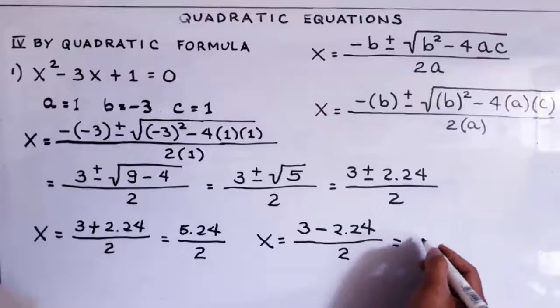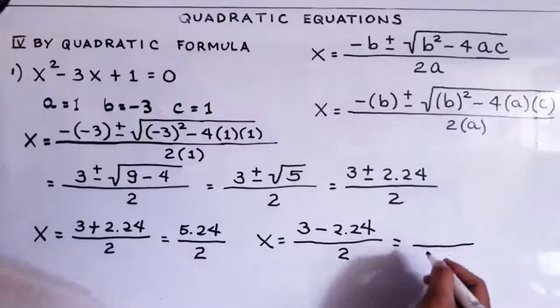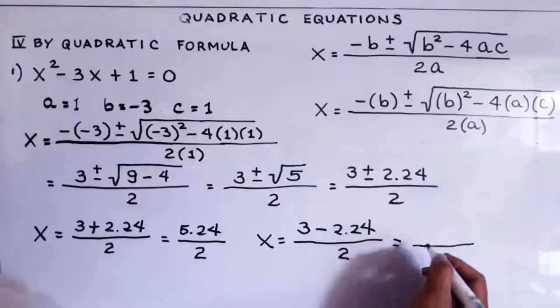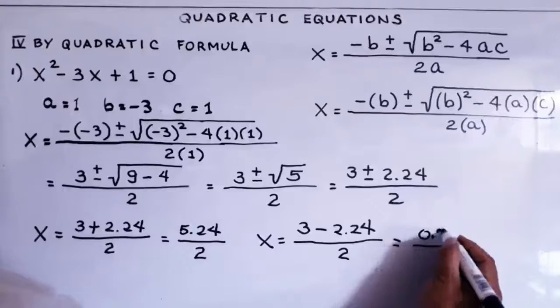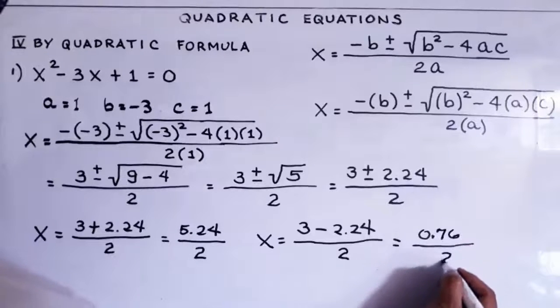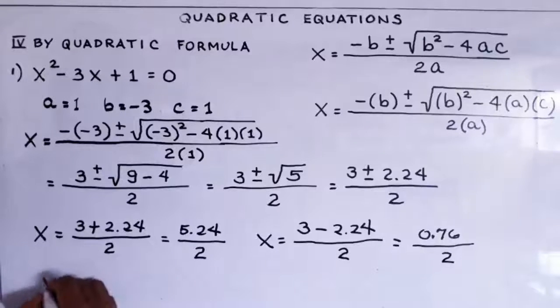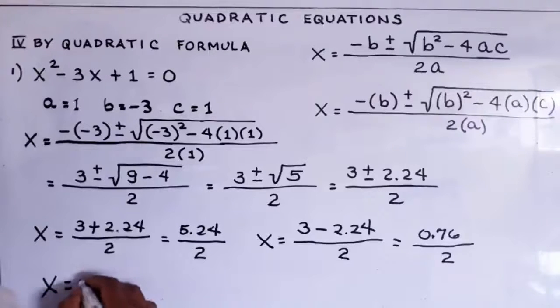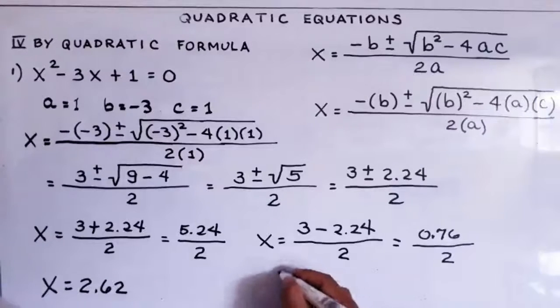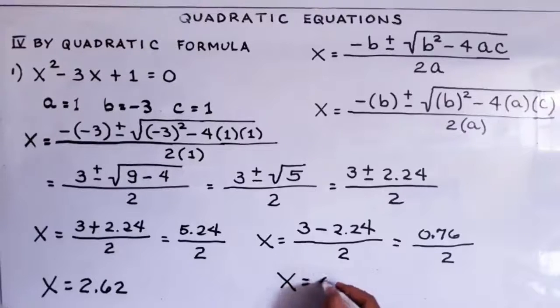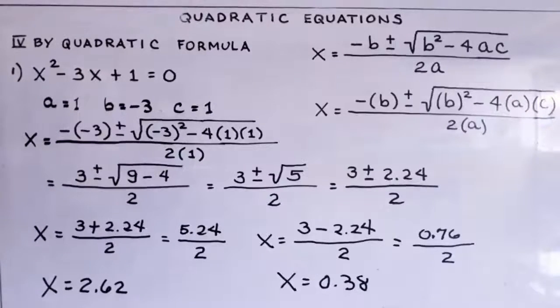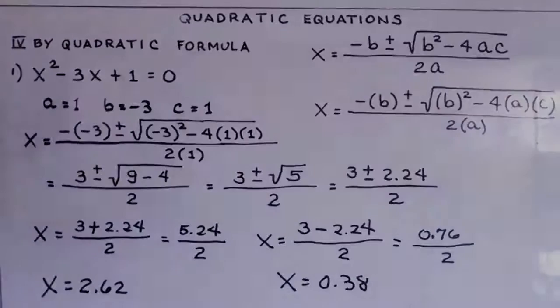Here it is 3 minus 2.24 is 0.76 divided by 2. So our x here is equal to 2.62, and our x here is equal to 0.38. So for this equation, class, using the quadratic formula, we have 2 solutions. One is 2.62 and the other one is 0.38.